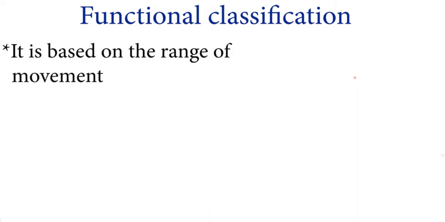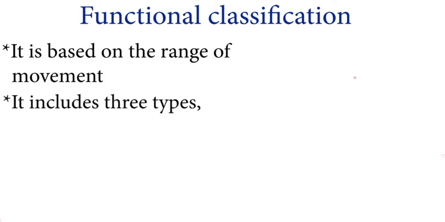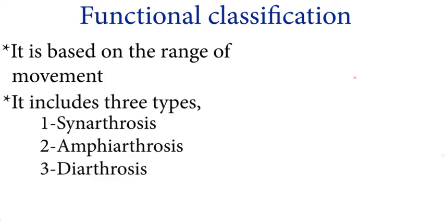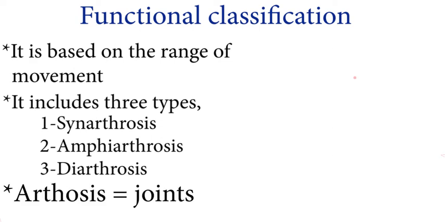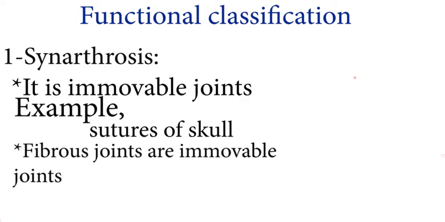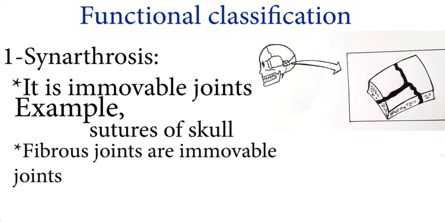Now we will discuss functional classification of joints, which is based on the range of movement. It includes three types: synarthrosis, amphiarthrosis, and diarthrosis. Arthrosis means joints. First, we will discuss synarthrosis. It includes immovable joints. Its example is sutures of the skull. Fibrous joints come in this category.